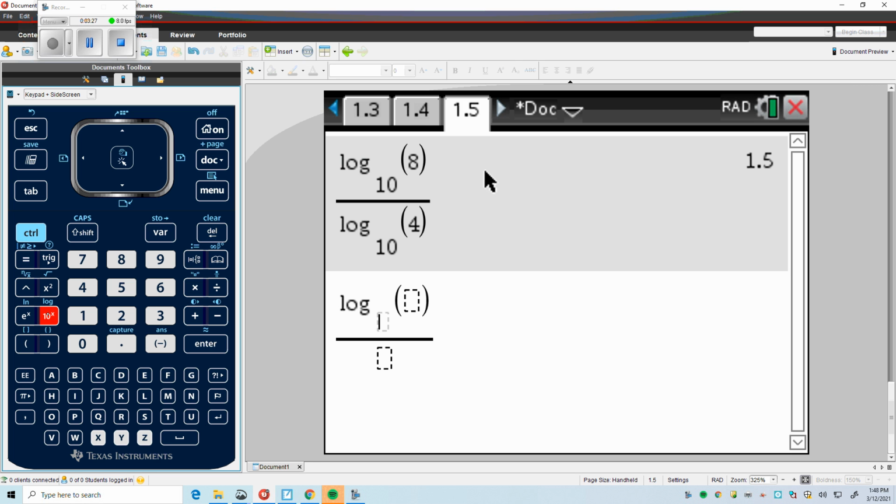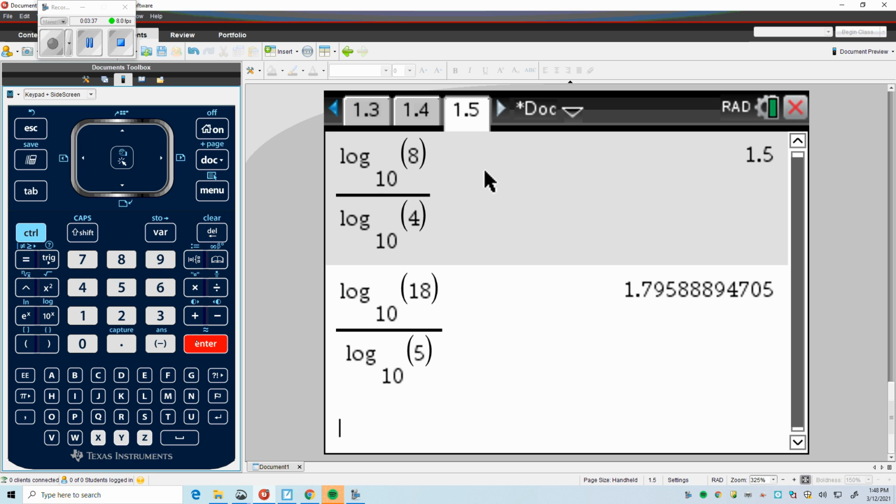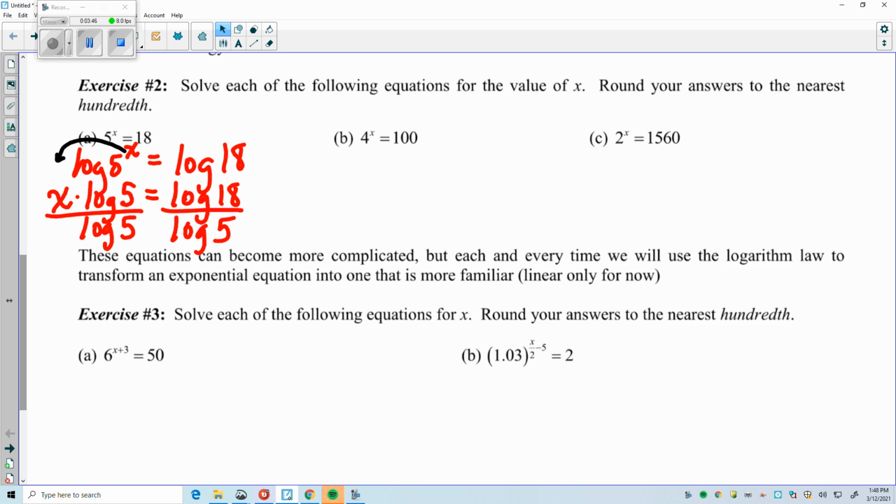We would have log of, and again, it's a common log base 10, so I don't have to type that in. Log of 18 divided by our log of 5, and we get our answer. It's about 1.795, and if we rounded it to the nearest hundredth, that would get us about 1.80. So I can say here, x is equal to 1.80.